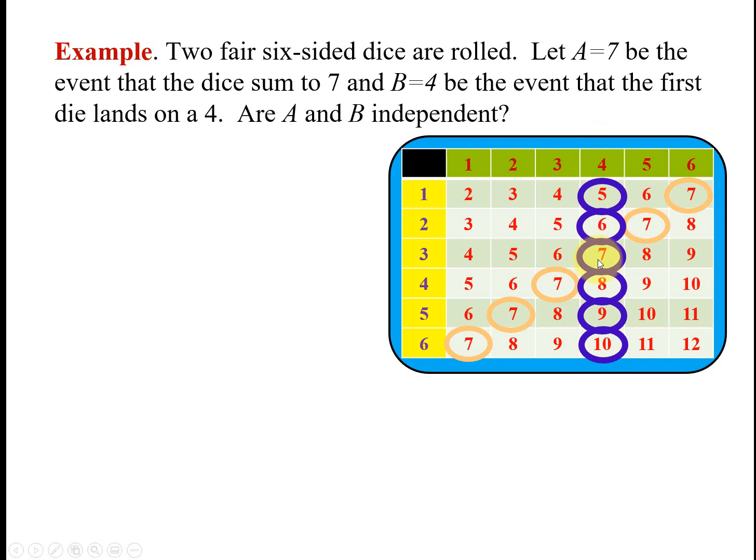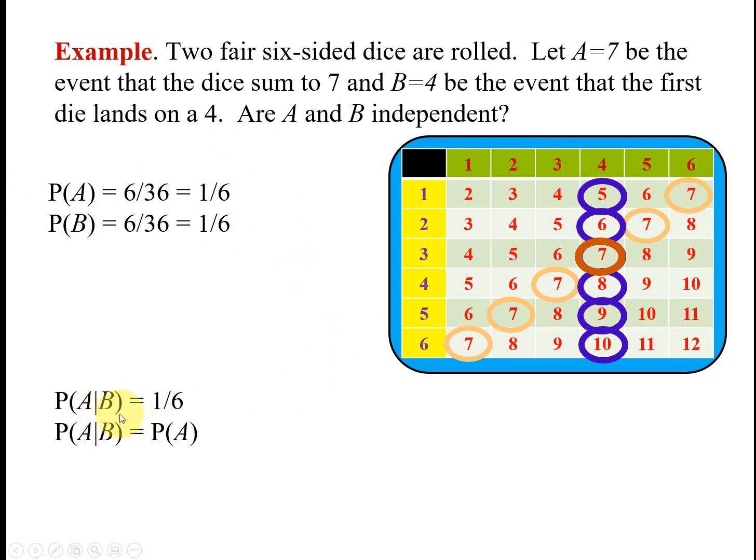So we can see that the probability of A equals 6/36 because there's 6 circles here. We'll click through this. Now, those are the unconditional probabilities of A and B. But if we wanted to look at the probability of A given B, we can see that there's an overlap of the circles, and there's 6 total outcomes because we're concerned with this column, because we're given that B, the first die lands on 4, is the first event.